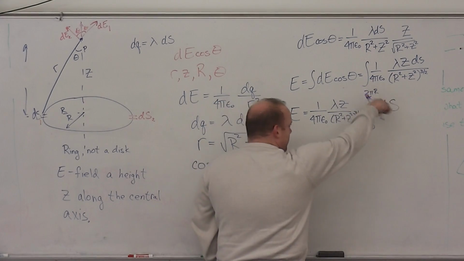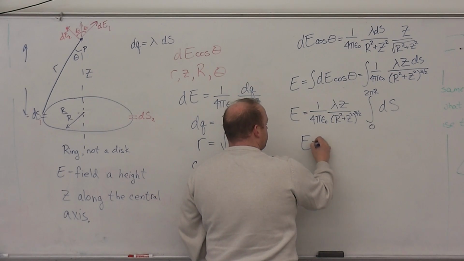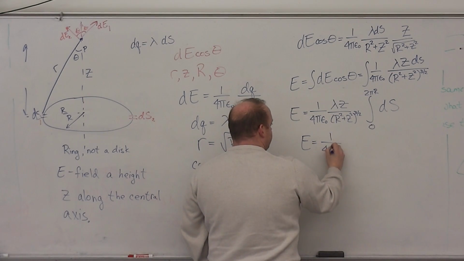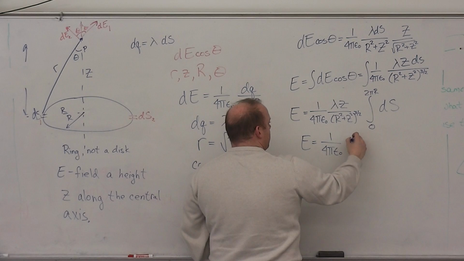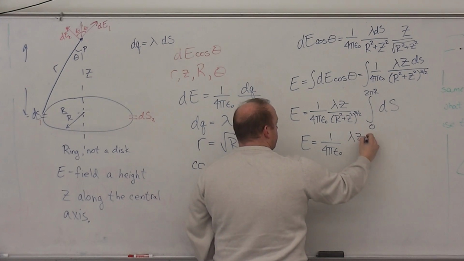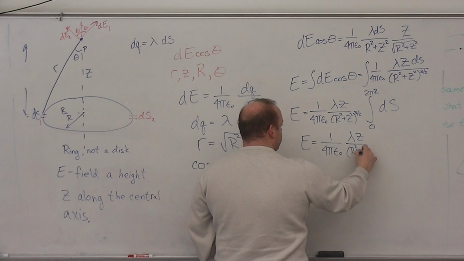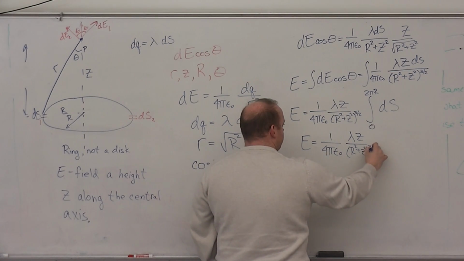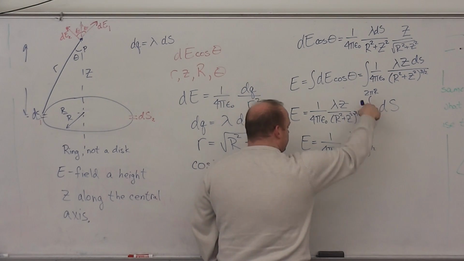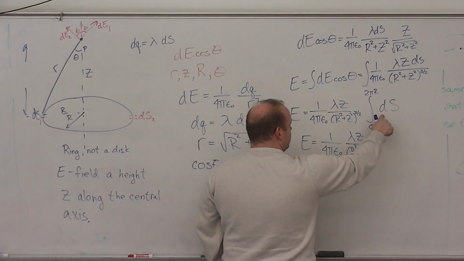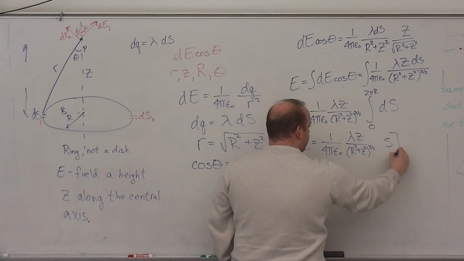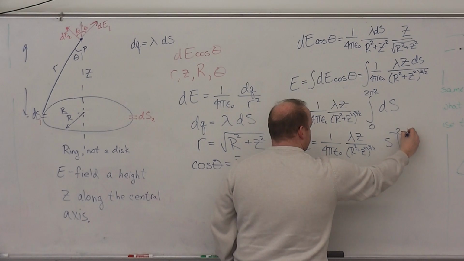So I wind up here with 1 over 4 pi epsilon naught lambda z, as you pointed out, over r squared plus z squared to the 3 halves. This whole thing times s goes from 0 to 2 pi r.